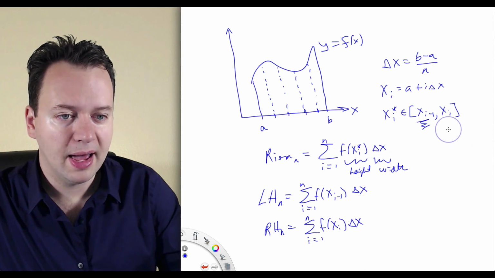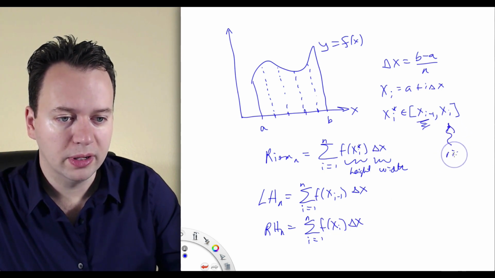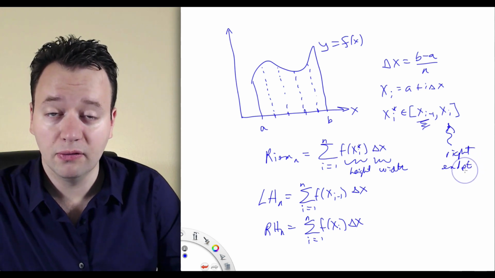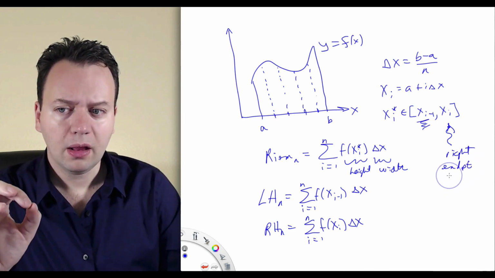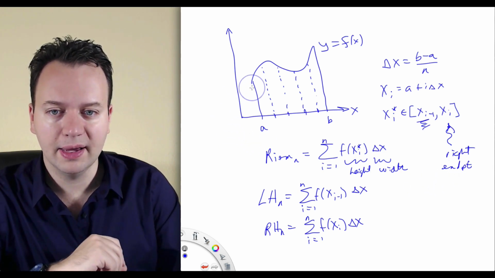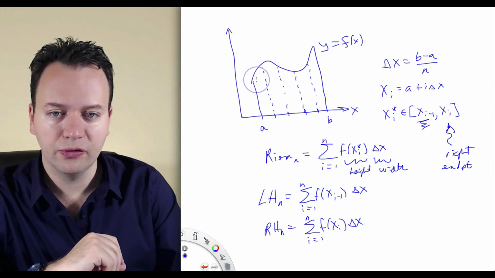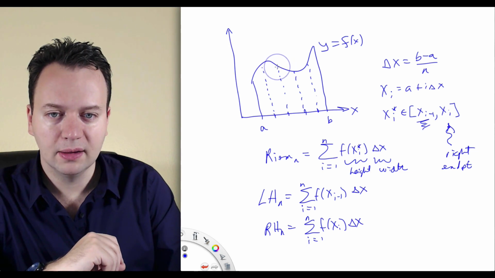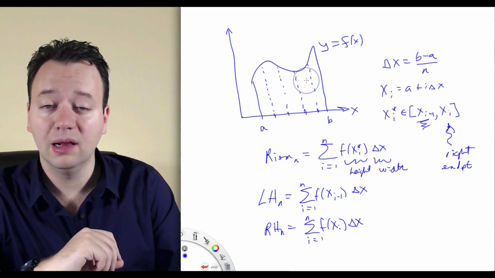And x sub i is the right endpoint of the ith subinterval. So if we use just the left endpoints of each subinterval to approximate the height, I would use this height for the first, this one for the second, that one for the third, this one for the fourth, that one for the fifth, I get the left-hand Riemann sum.